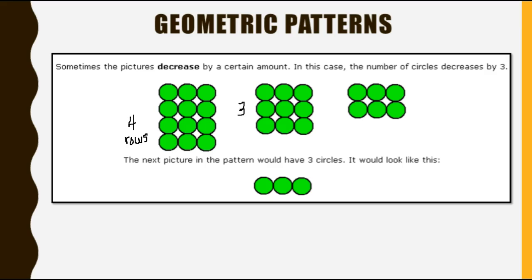This one only has 3 rows, so this part is missing. And this one only has 2 rows, so 2 of those rows are missing. And so if they asked you what would come next, then you would also just have to delete this row and you end up with just 1 row of circles.